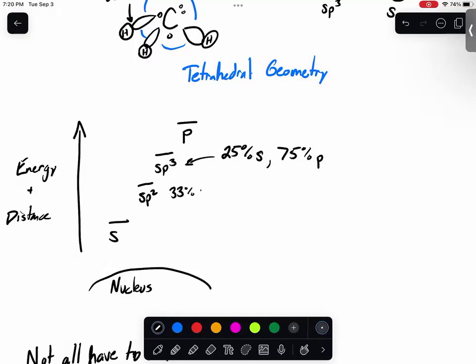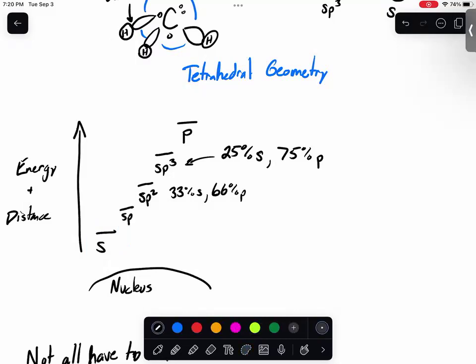It has more s orbital in it, as we would say, more s character, and it is 66% p.